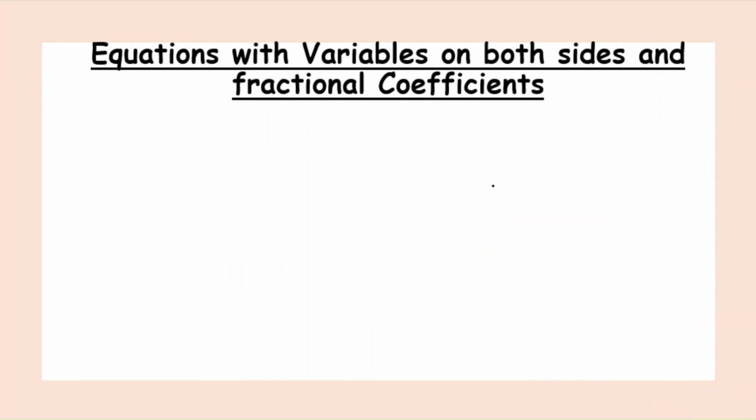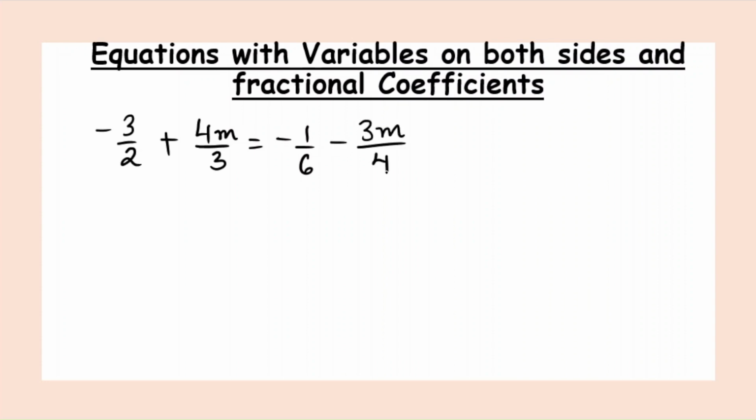Okay, let's take one in which we have the variables on both the sides and the coefficients are again fractional, little bit different from the one which we have just done. So you have the equation negative 3 halves plus 4m over 3 equals negative 1 sixth minus 3m over 4.